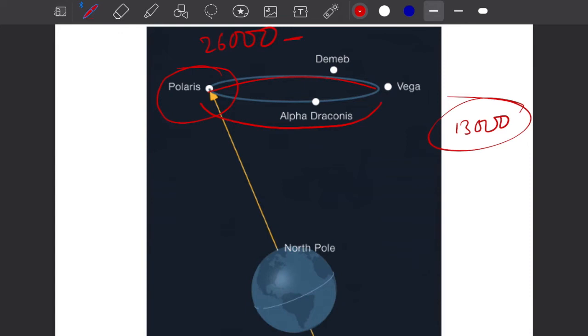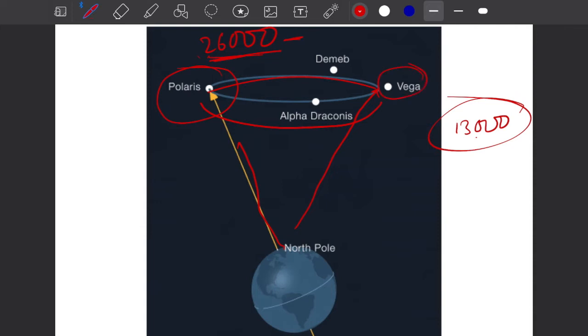So half of it will be what? 13,000 years. 26 का. So आज से कुछ 13,000 साल पहले the Earth's tilt axis was pointing towards Vega, a star in our celestial sphere.